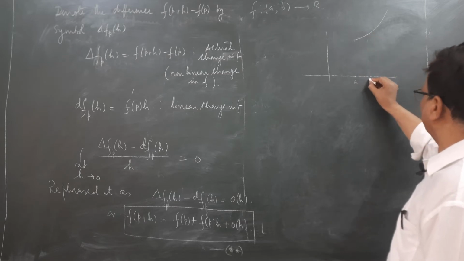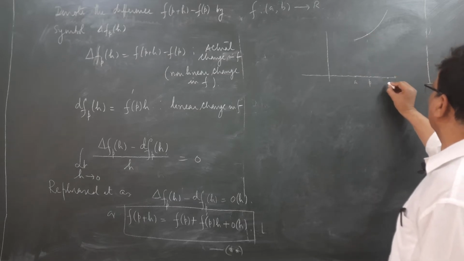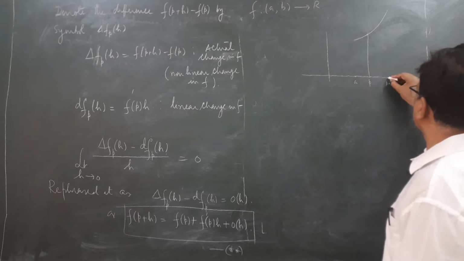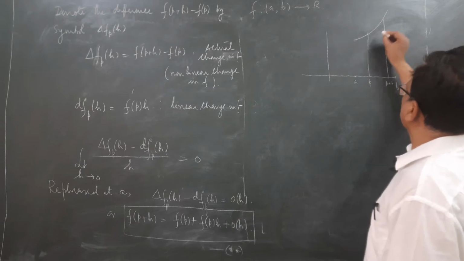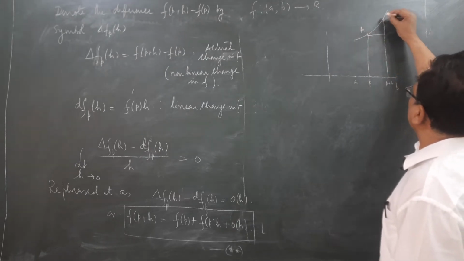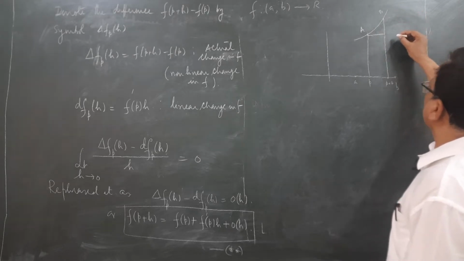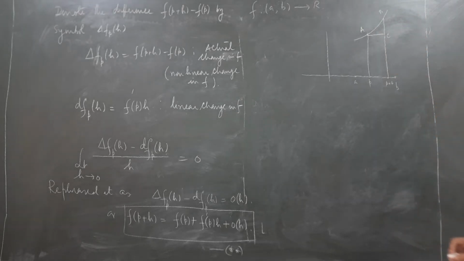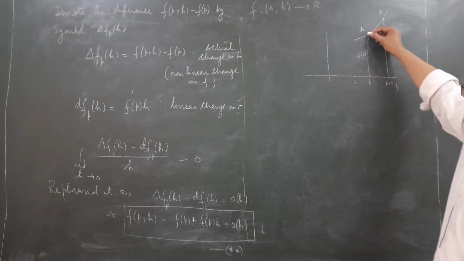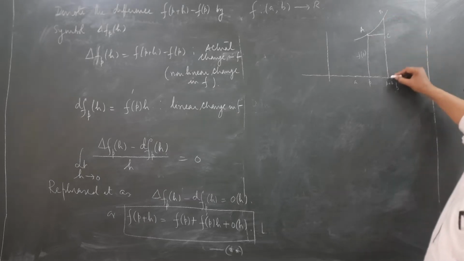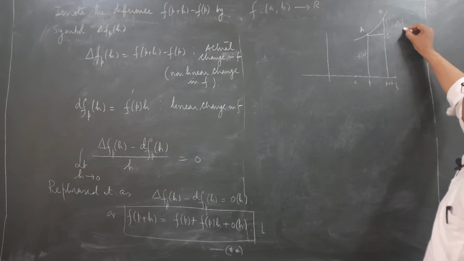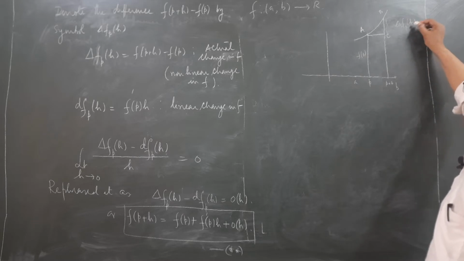So this is point P and somewhere over here you have point P plus h. Now let me call this point A, this point B, and this point C. So this thing is f of p, the height from A to here is f of p, and this much is f of p plus h, and the difference between them is delta f p h.